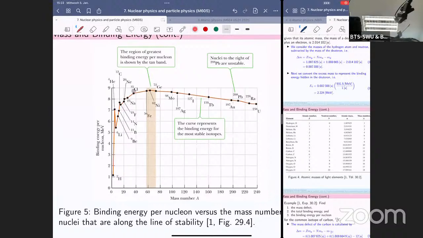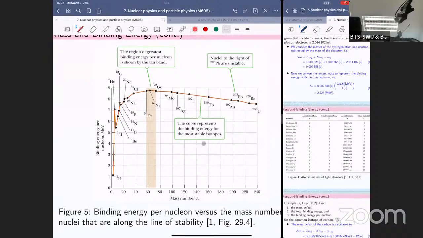The region of the greatest binding energy per nucleon corresponds to ferrite. That's why the metal is strong. Iron is very strong because the binding energy inside the nucleus of this element is the highest. Even nickel has a binding energy much higher than a typical element.